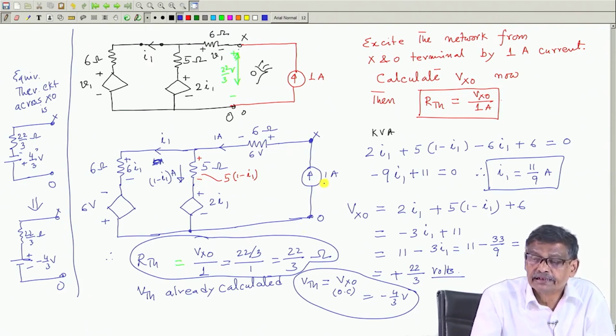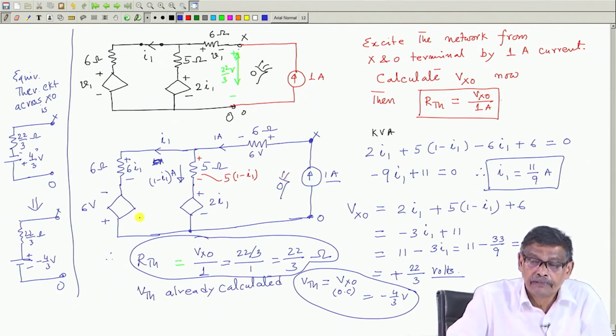So, if you have excited it with a current source, you must know what is VXO now to say what will be Thevenin's impedance looking into these points.